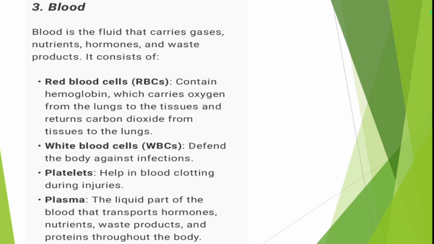Now here the blood consists of many things. Especially, a main question comes: why is the color of blood red? Yes, this is due to the presence of a red color pigment known as hemoglobin. Okay, now what is the function of hemoglobin?